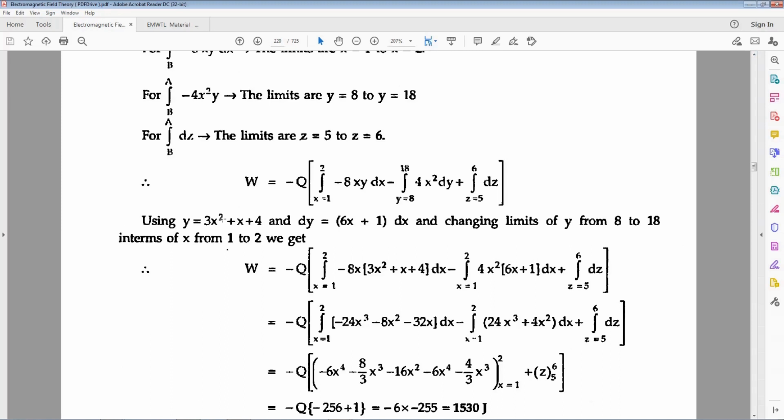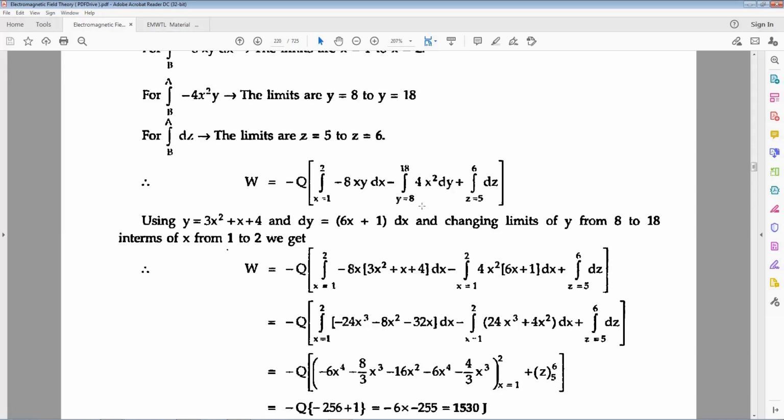Apply the derivative on both sides: dy is equal to 3x square means 6x plus 1 into dx. Changing the limits of y from 8 to 18 into terms of x from 1 to 2, we get the x values 1 to 2, minus 8x, with y replaced as 3x square plus x plus 4, into dx.